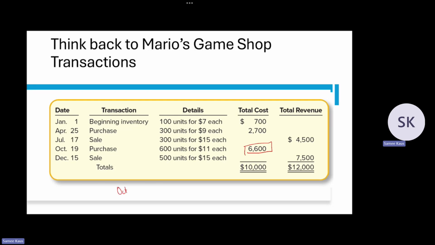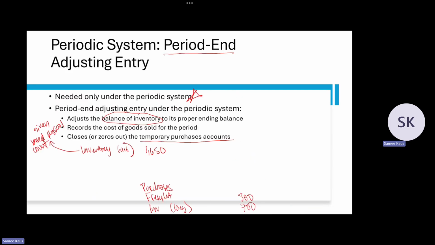We can go ahead and do that now on October 19th when I have my purchase account that I am going to impact for 6,600. And I say I'll pay you later for 6,600. So I have total purchases of 2,700 and 6,600 for a total purchase balance of 9,300 that I am going to come and get off of my books now.